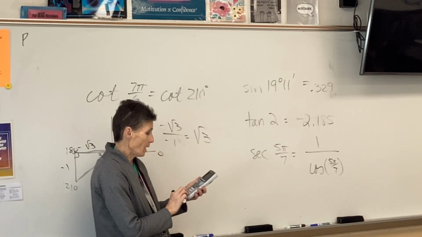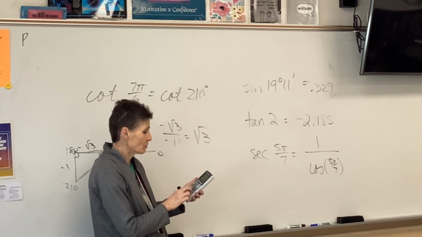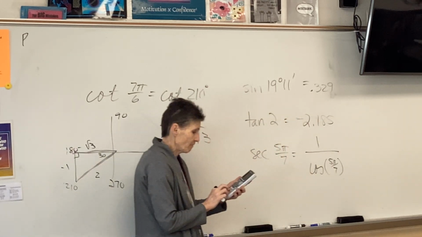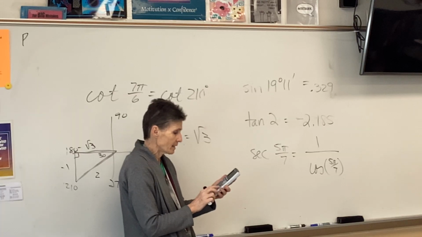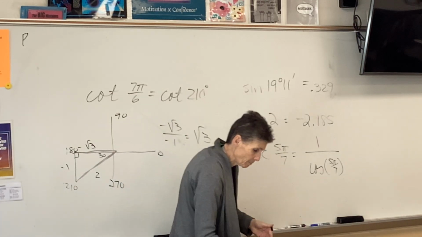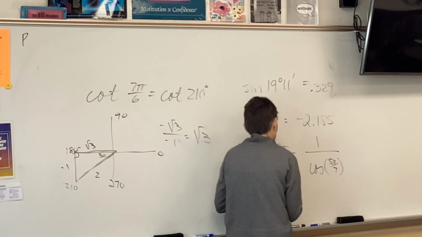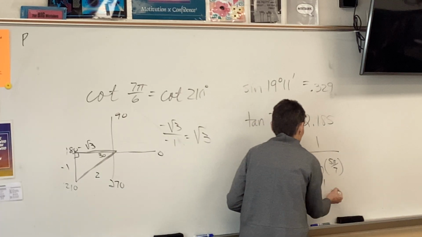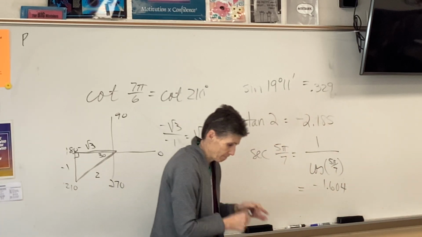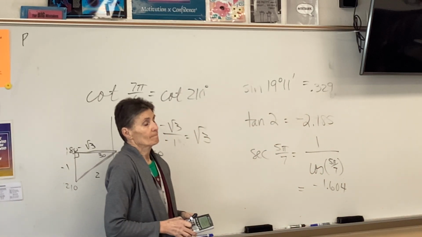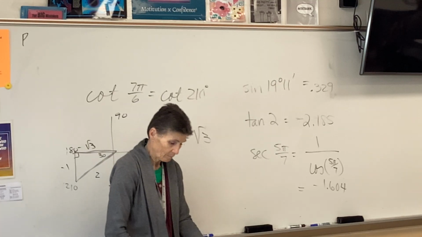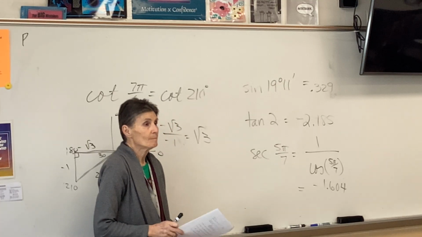So 1 divided by cosine, the parentheses come in automatically. 5 second pi divided by 7 equals negative 1.604. Got it?